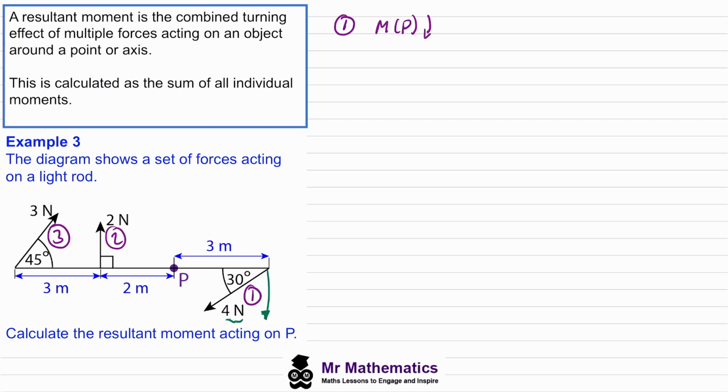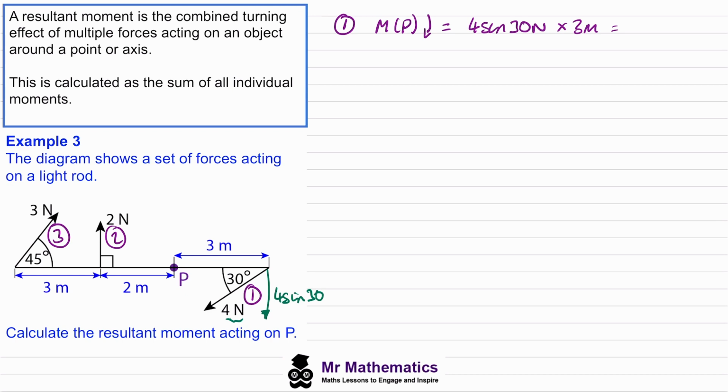We can see this force does not contain the angle, so this will be 4 sine 30. So the moment about P will be 4 sine 30 newtons multiplied by the distance of 3 meters. We can calculate this as 6 Newton meters acting in the clockwise direction.